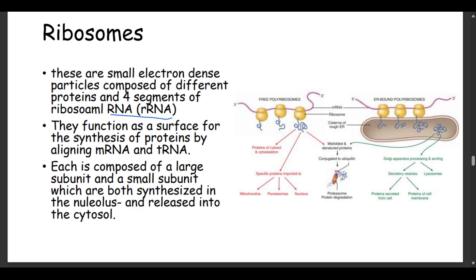They read the information on the mRNA and assemble the monomers that are required for forming proteins, which are the amino acids. Okay, that's basically what they do, and then they have a small subunit and a large subunit, which will be further explored when you're doing biochemistry, protein translation, and everything.